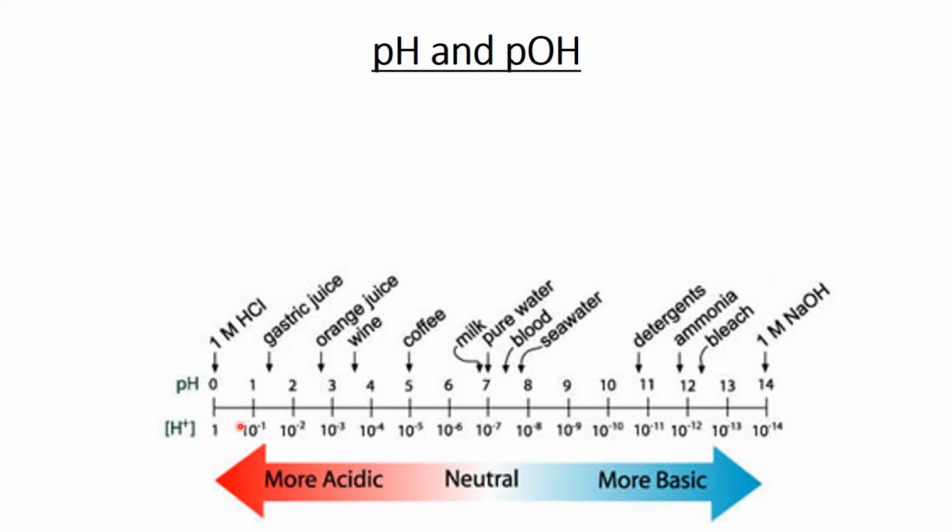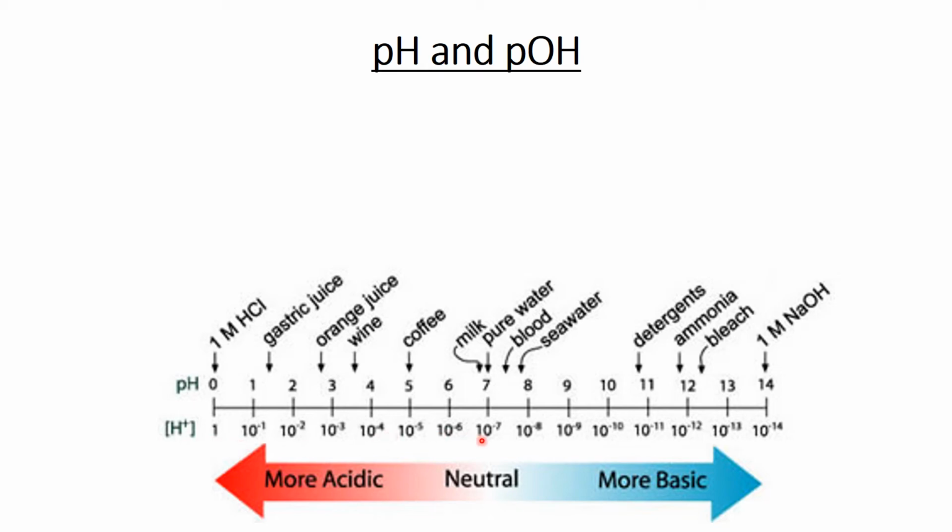As we go from 0.001 molar to 0.01 molar to 0.1 molar to 1 molar, we're increasing our H plus concentration, and our solution's getting more acidic.